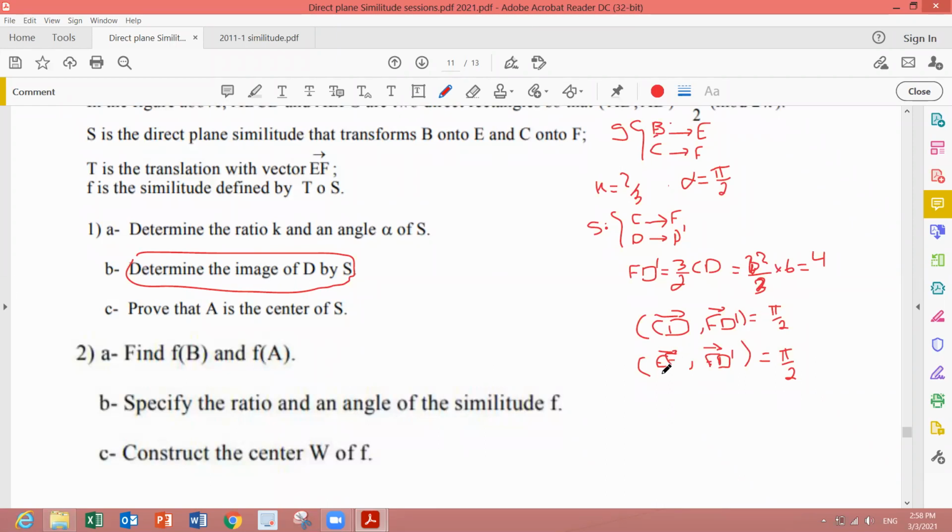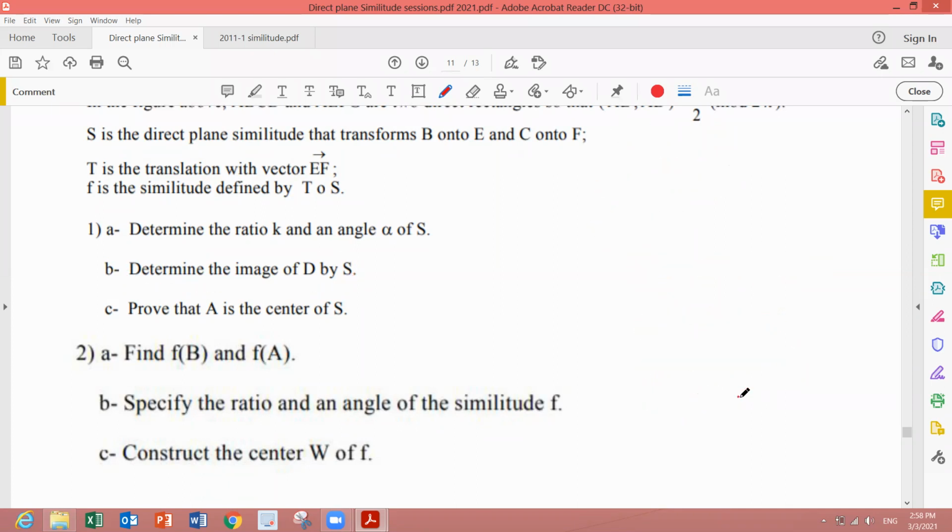Now, to start with the same origin, I can put pi plus FE, FD prime. Teacher, instead of CD we wrote EF. Yes.